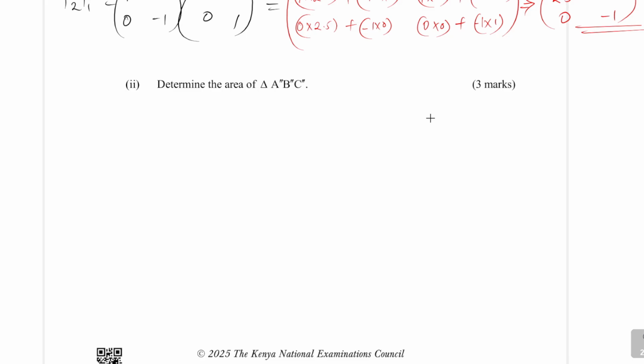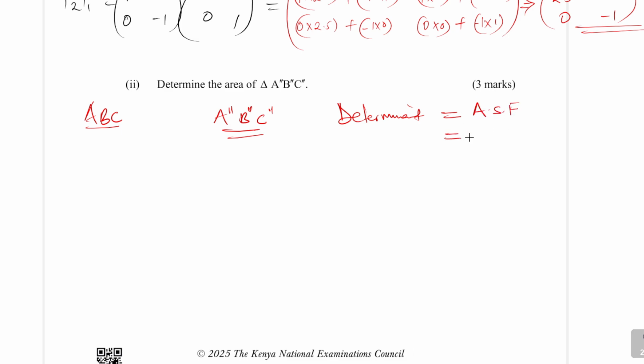The last part, determine the area of triangle A double prime, B double prime, C double prime. So we are going to use triangle ABC. We get its area, and then that will help us to get the area of this triangle. One concept that you're going to use is very simple: the determinant of the matrix of transformation is equivalent to the area scale factor.